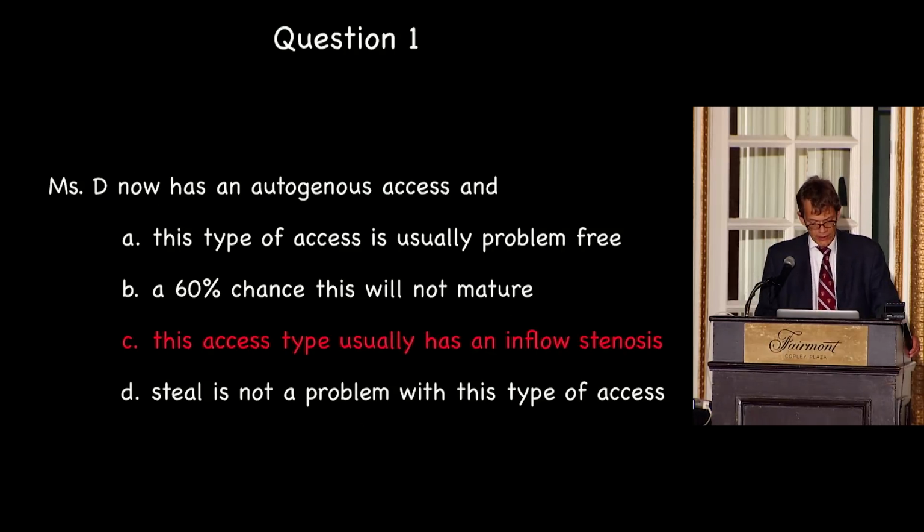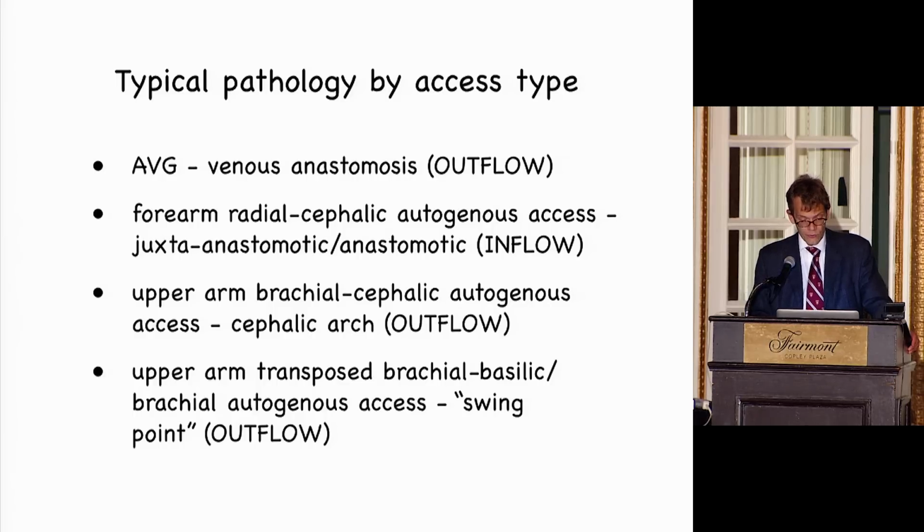Now, to the question: does this type of access, the brachiocephalic vein fistula, typically have an inflow stenosis? No, the typical stenosis, as you have seen in many slides, is the cephalic arch stenosis. There are some that have cephalic arch outflow stenosis. There are some that have an inflow stenosis, but predominantly upper arm brachiocephalic vein fistulas have an outflow cephalic arch stenosis. These are the locations for graft.